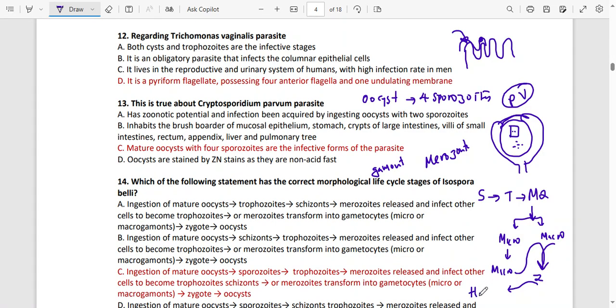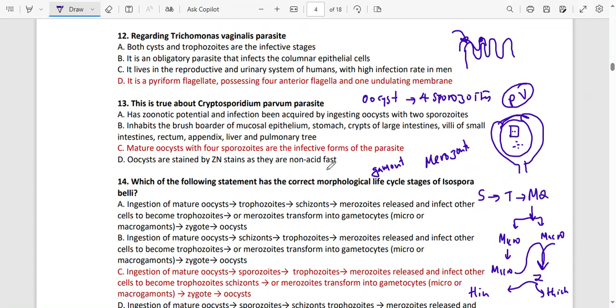Thin walls infect the host. But if the oocyst that we are forming is thick walled, it is going to be released into feces and then it's going to go into the environment. That is the life cycle of Cryptosporidium parvum.